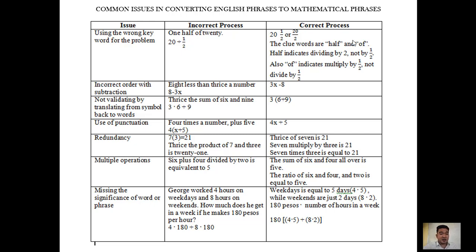Next, issue number 3: not validating by translating from symbols back to words. Example: thrice the sum of 6 and 9.